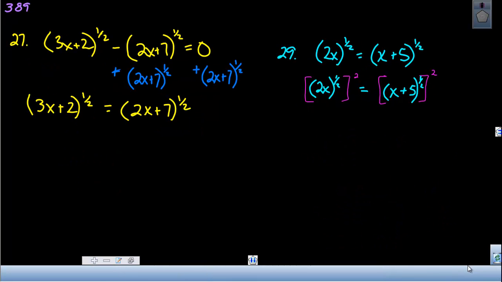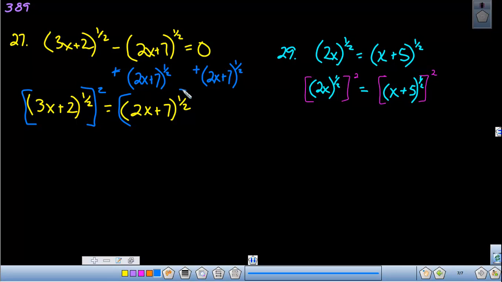Let's move on to question 27. Again, with 27, this time we have two rational exponents, and they are on the same side. So what we need to do is to set them equal to each other. Remember, rational, rational, or radical, radical. You have to set those equal to each other. And now you're ready to lift off that rational exponent by raising it to the second power, or squaring it.